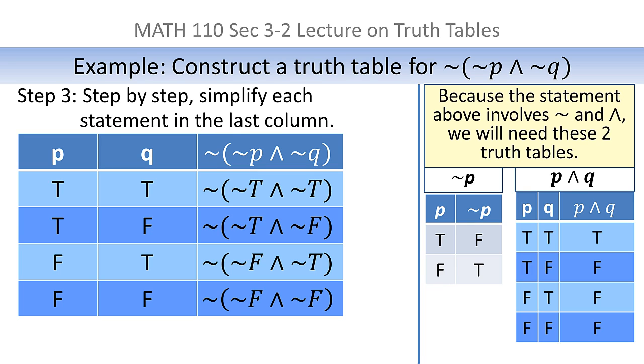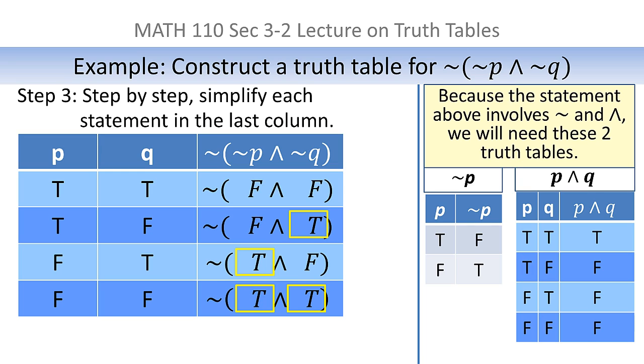For instance, I know immediately that the negation of a true statement is false, so I can replace all the not T's with F's. And I also know that the negation of a false is true, so I can replace all of the not F's with trues. And that takes me to this point.